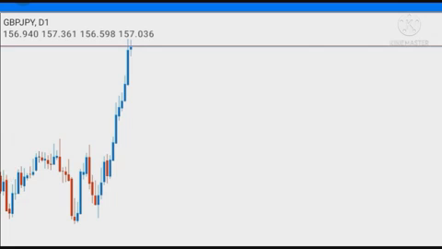Now, there are four points that we are going to dwell on in today's episode. The number one point is this: market structure. These are the 4 points you need to begin to trade like the banks.